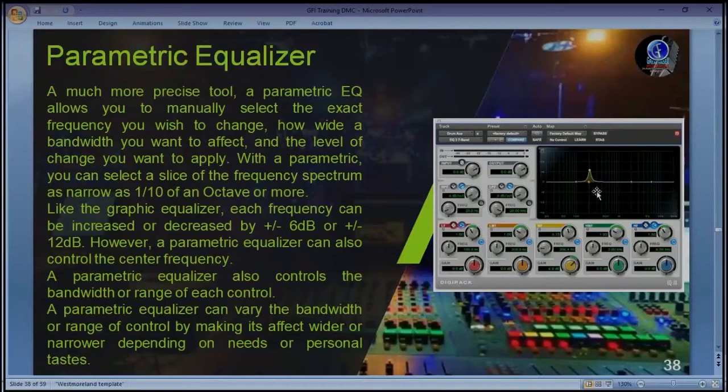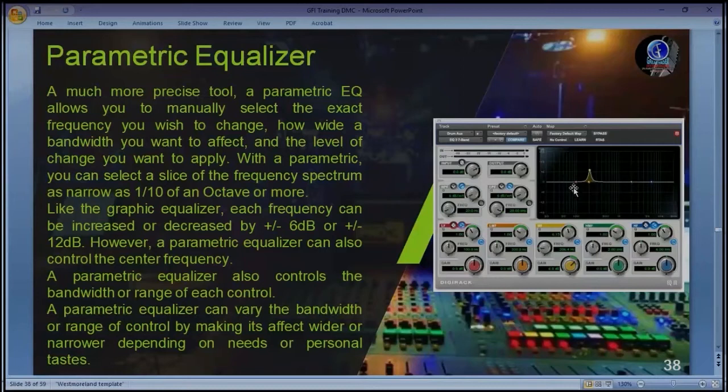Now, like the graphic equalizer, each frequency can be increased or decreased, which is cut or boost, by plus or minus 6 dB or plus or minus 12 dB. However, a parametric EQ can also control the center frequency. So what do we mean by a center frequency? The center frequency is the one where you have your frequency at 0.